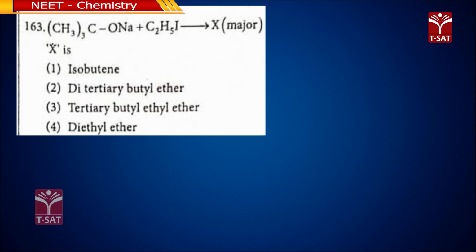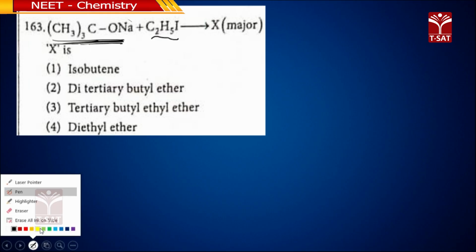This is tertiary methyl carbon here, sodium alkoxide. This is what? Sodium alkoxide reacts with ethyl iodide. So, what will be the reaction he is asking? It is a very simple reaction.